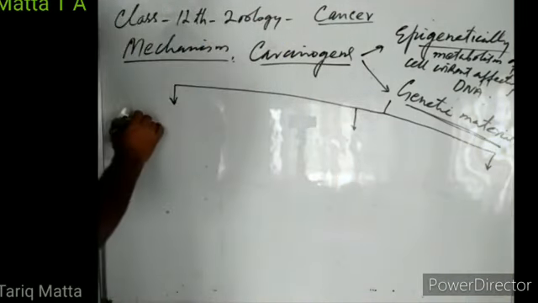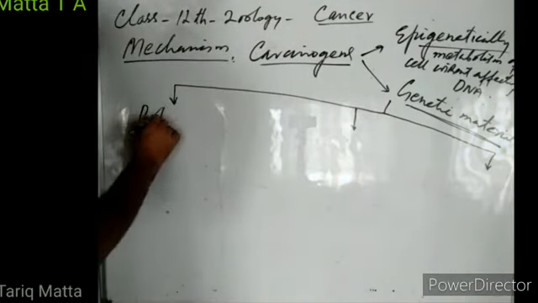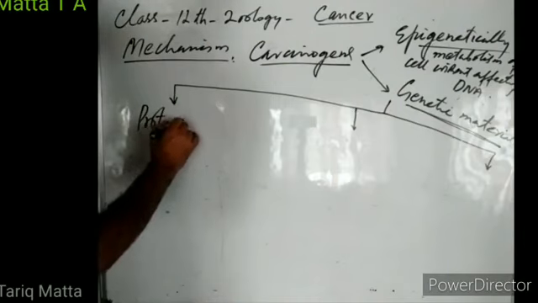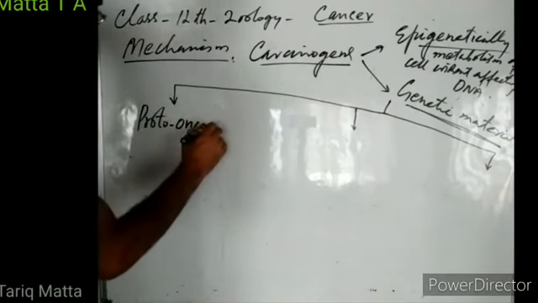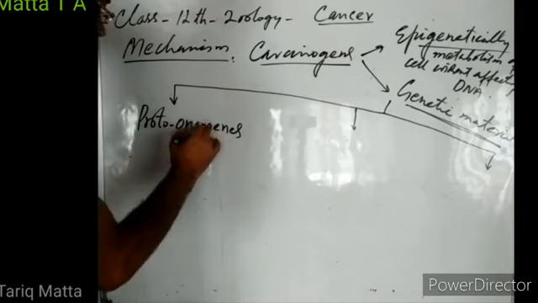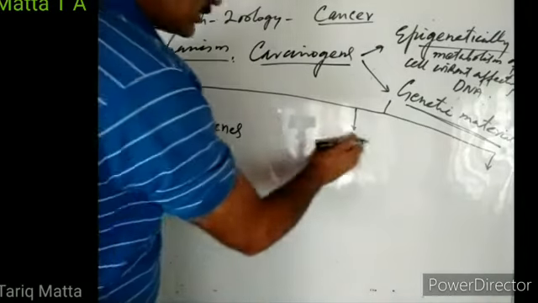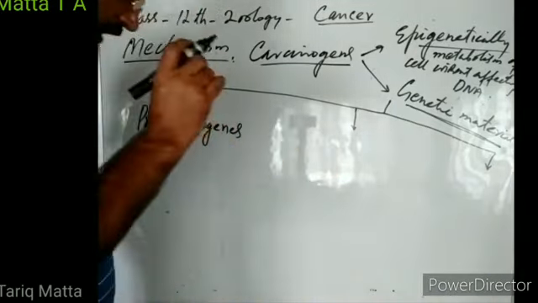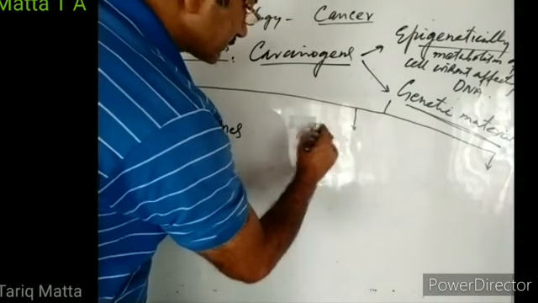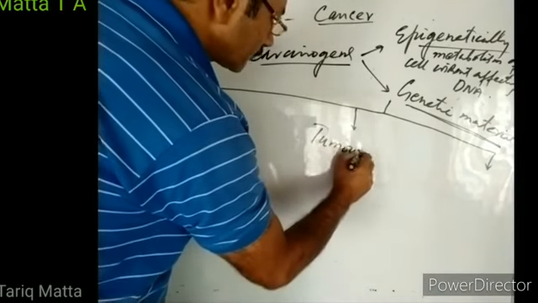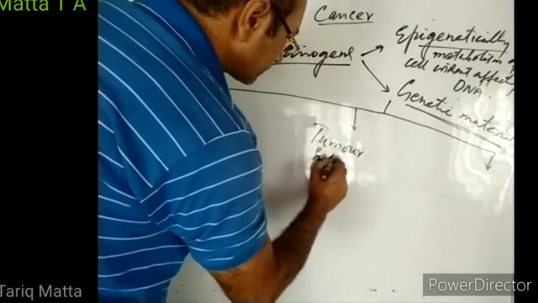We have got a type of gene known as protooncogenes. These protooncogenes are present in all the human beings. They are present in all animals. Similarly, we have another set of genes known as tumor suppressor genes.